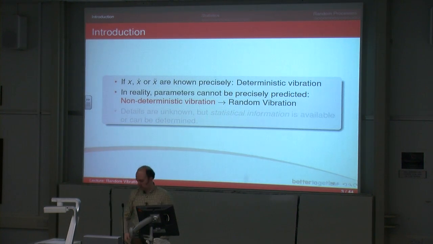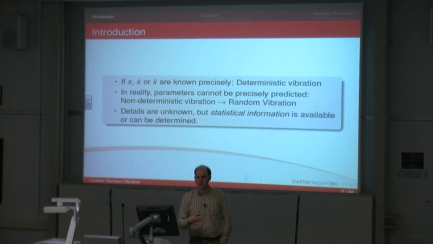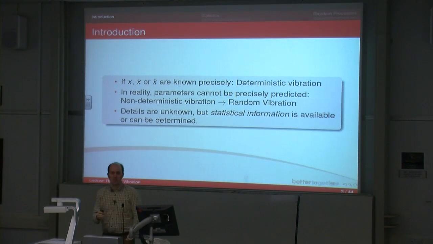That response will therefore be a random vibration in addition to what you're trying to measure. So the details of the process are unknown, but the statistical information about it can be determined.